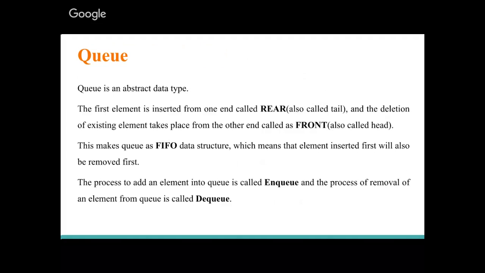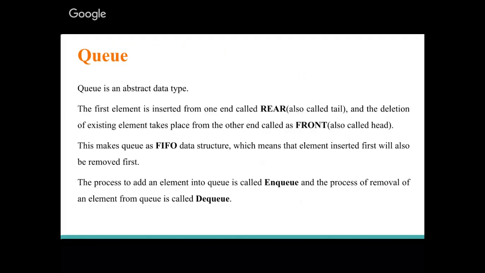Now, Queue. Queue is an abstract data type. The first element is inserted from one end called rear, also known as tail in some places, and the deletion of existing elements takes place from another end called front, also known as head.